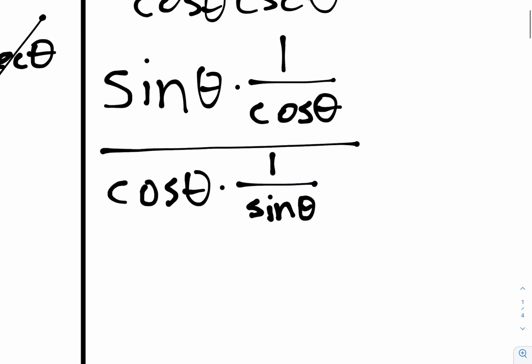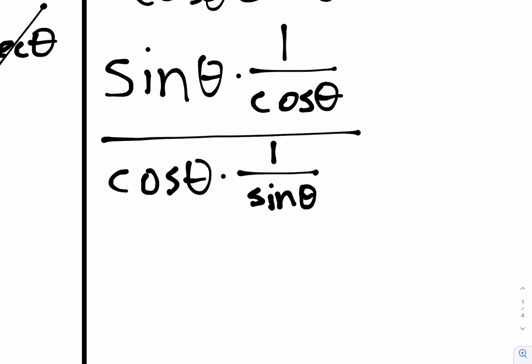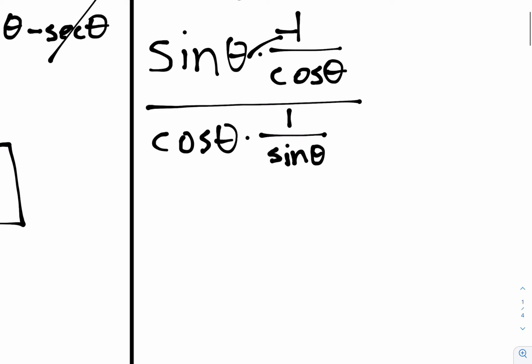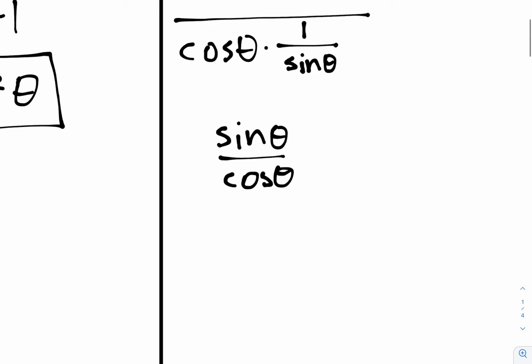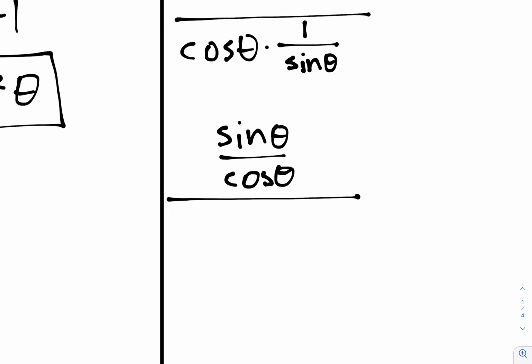If we have sine theta times 1 over cosine, the sine just multiplies into that 1. So we're going to have sine over cosine, and we're going to divide that by, remember this cosine multiplies into that 1, cos theta over sine theta.